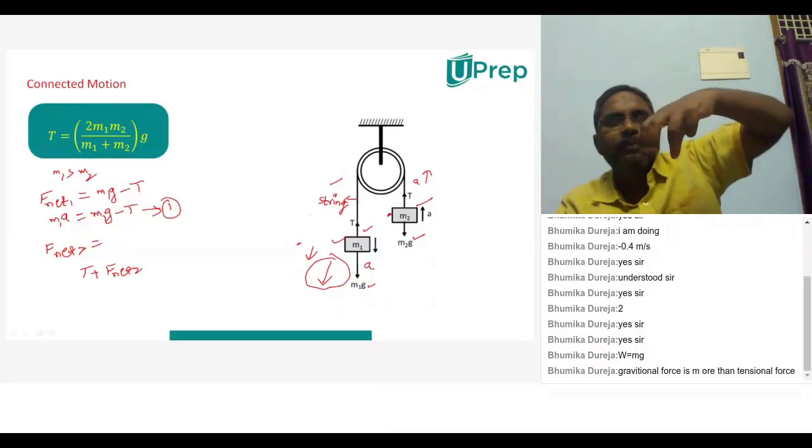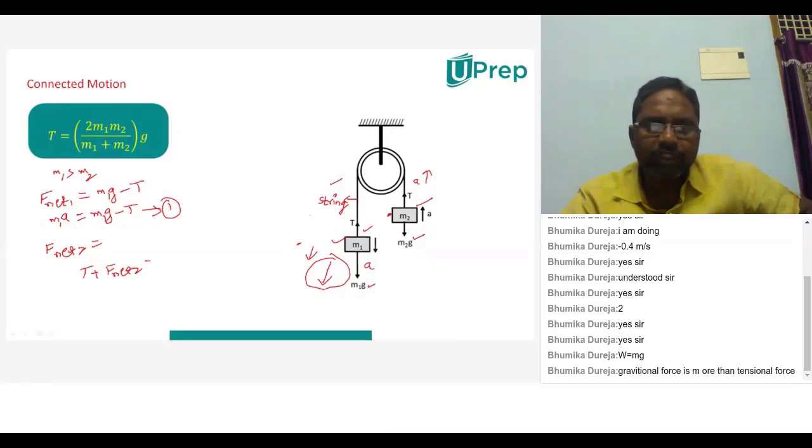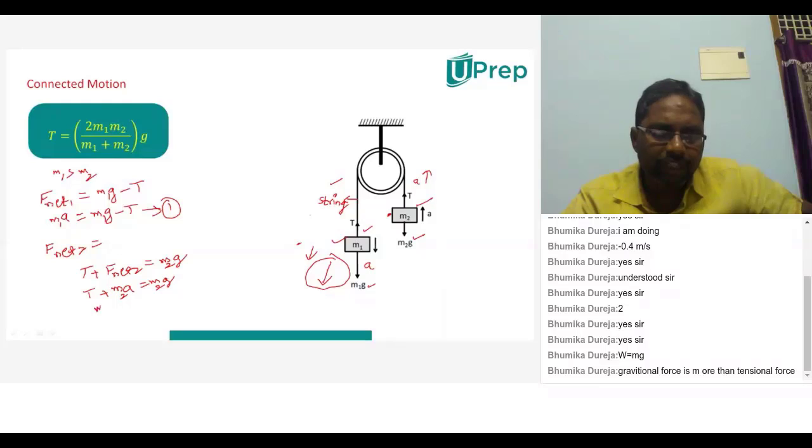As it is moving up, net force is acting in upward direction only. That's why only it is moving up. So these two give us the weight of this object, M2g. So I will write: tensional force T plus F net on the second object, which is M2a, is equal to M2g. So M2a is equal to M2g minus T. I am writing it as equation number 2.